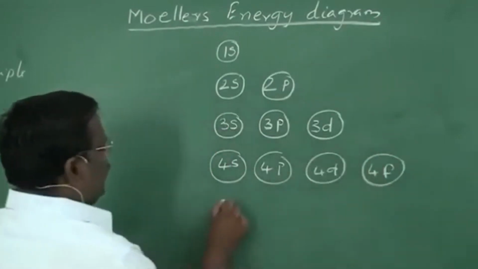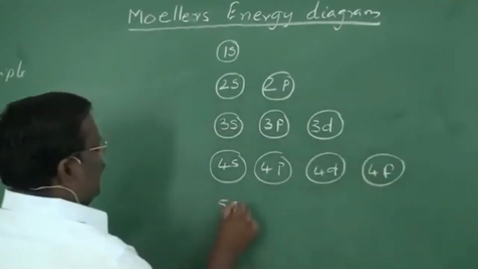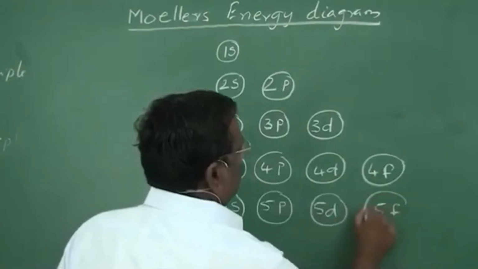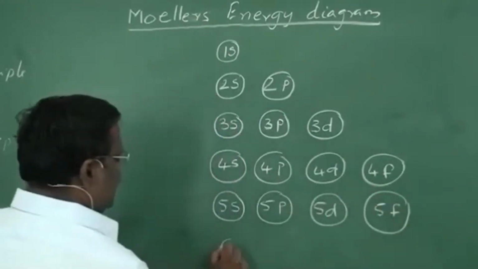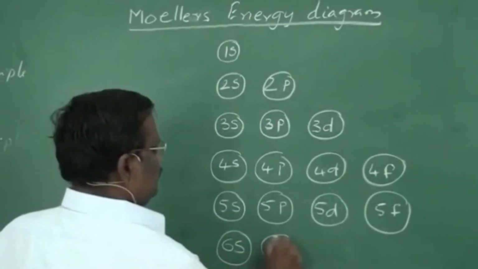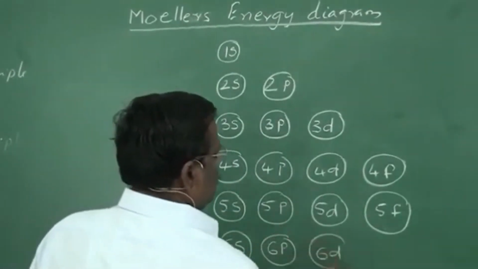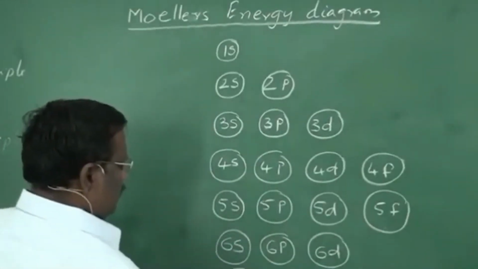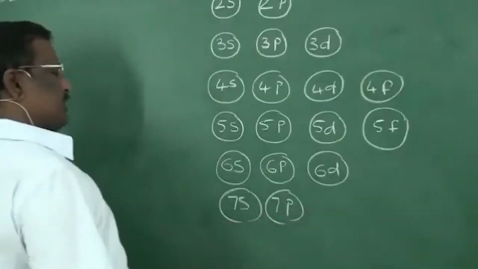In the fifth energy level we have 5s, 5p, 5d, 5f. In the sixth energy level we have 6s, 6p, 6d. In the seventh energy level we have 7s, 7p. And in the eighth we have 8s.